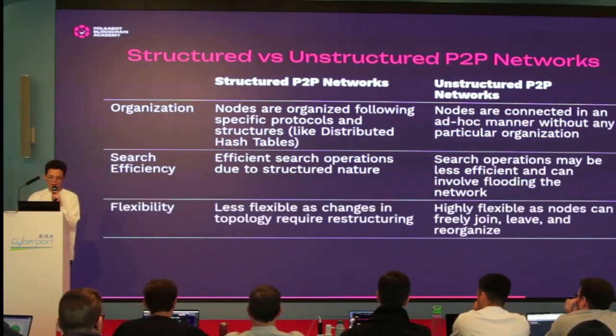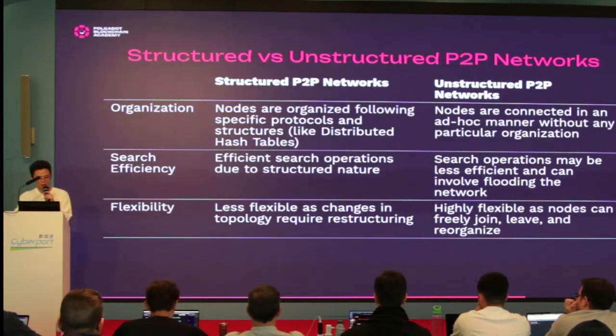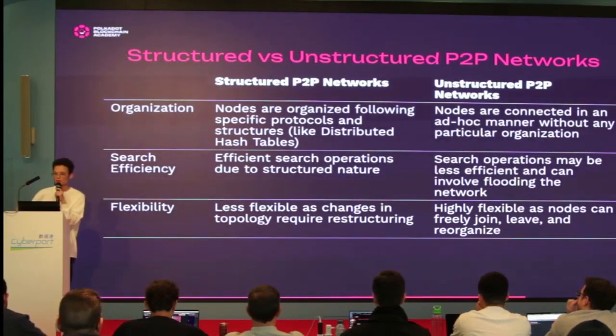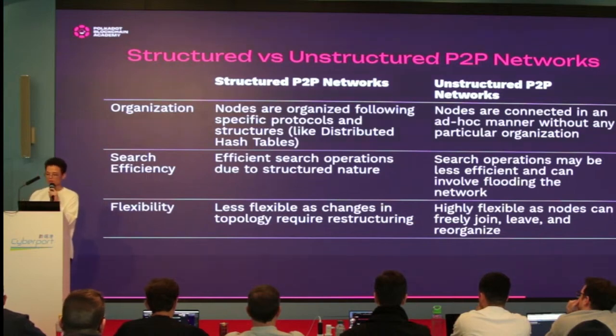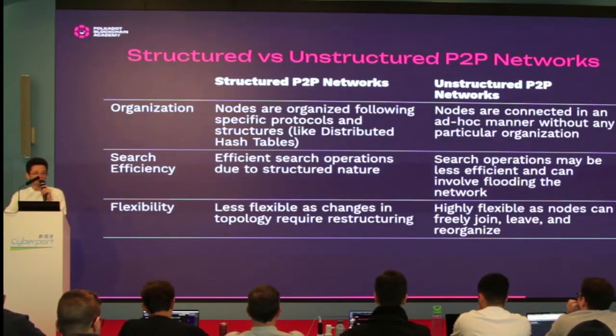Regarding flexibility, of course, a structured peer-to-peer network will be less flexible because changes in topology require restructuring. For example, in the Bitcoin network, we have some bootstrapping nodes. If a bootstrap node leaves, it will lead to very severe issues.